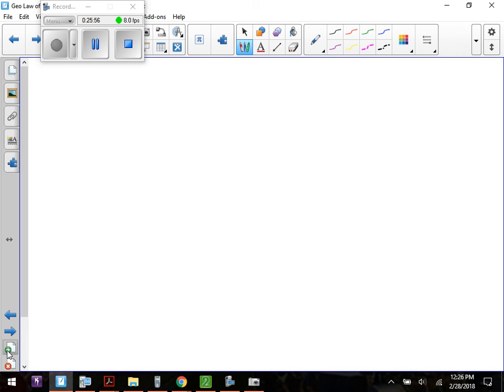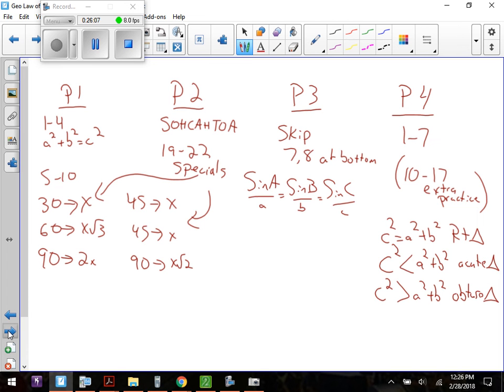So what I wanted you guys to try and go through here is I made a quick little cheat sheet about all the different parts on this review packet. There are certain parts of these pages you don't have to worry about. I would suggest you take your phone, take a picture of that, because it explains every page on here.